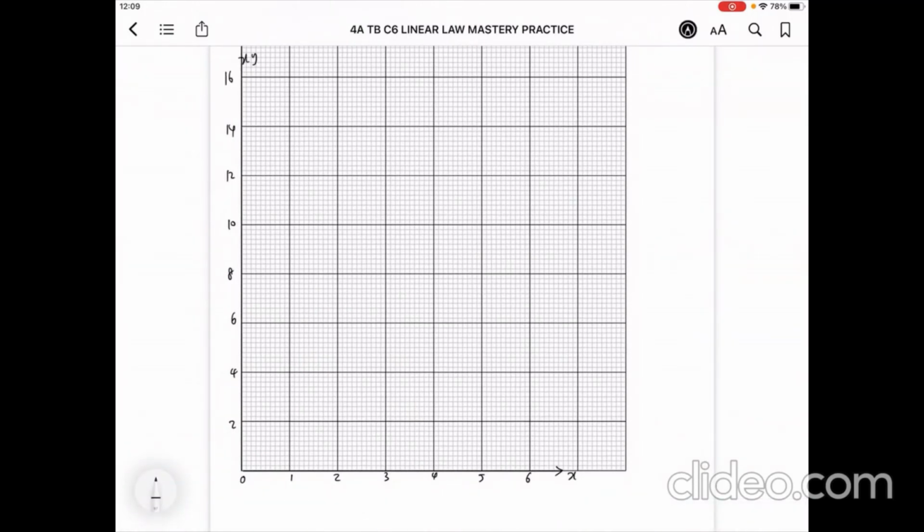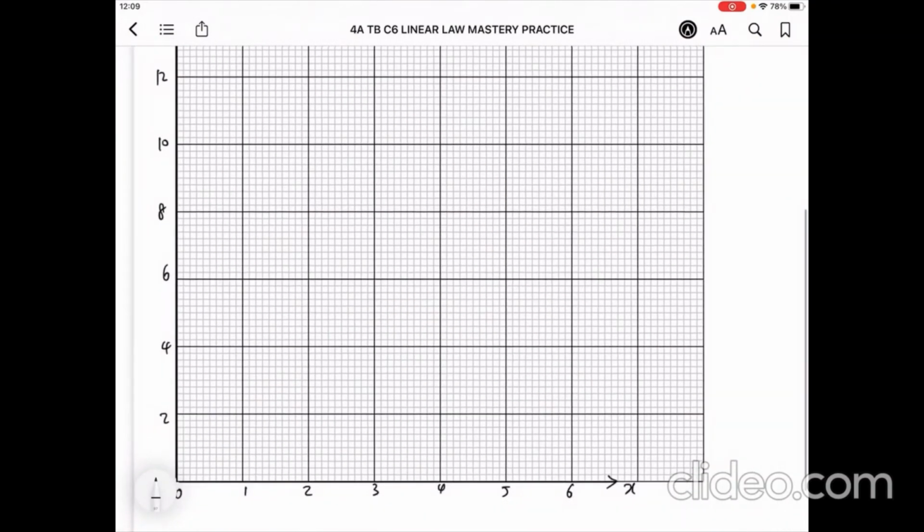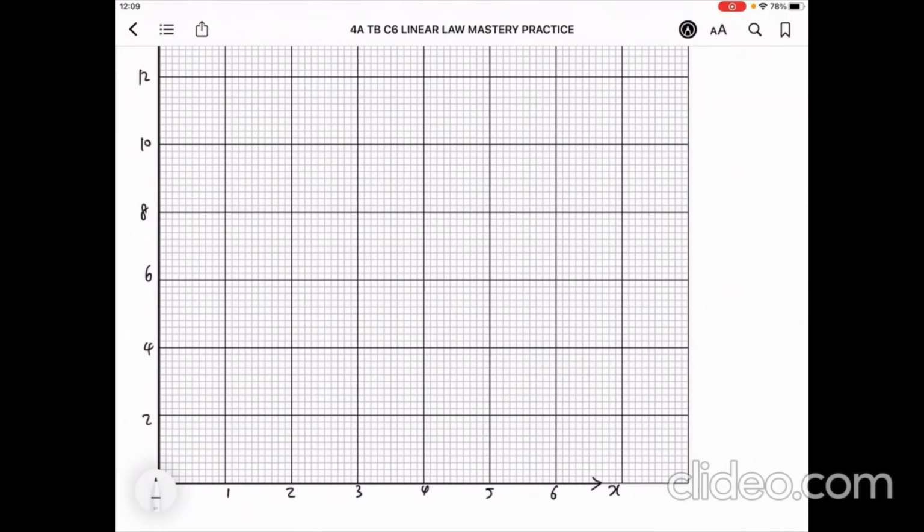So let's just draw a line all the way up. Now with that, we start plotting the points. The first point is 1 and 5, so over here.